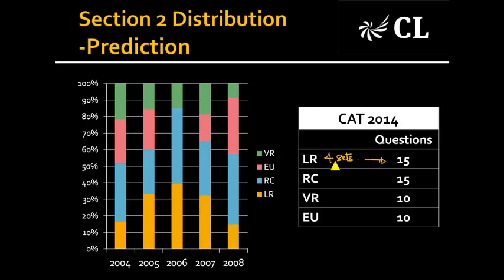It could be possible, but more likely it's going to be 4 sets, and more likely there will be 4 passages. Also DI, which we discussed in the last slide, will be about 4 sets. But you must also be prepared for a 5 set DI, 5 set LR, 5 set RC, but this is highly unlikely.